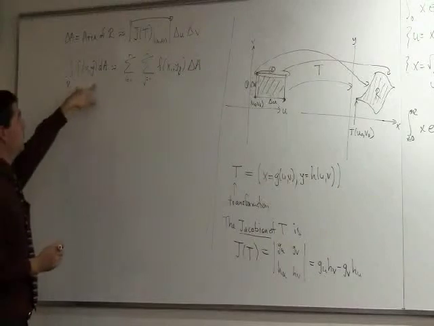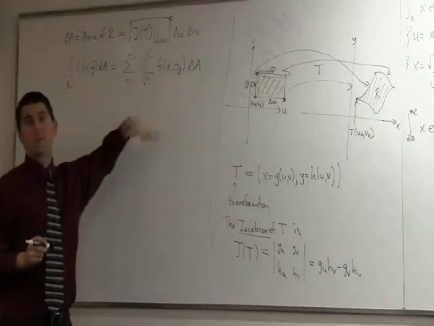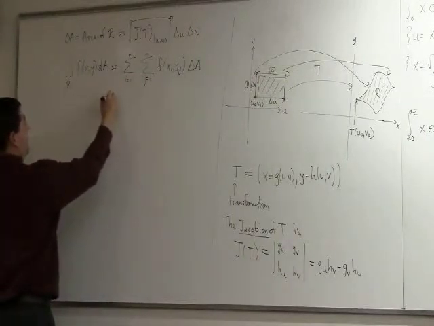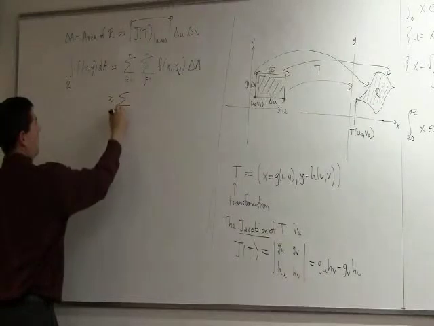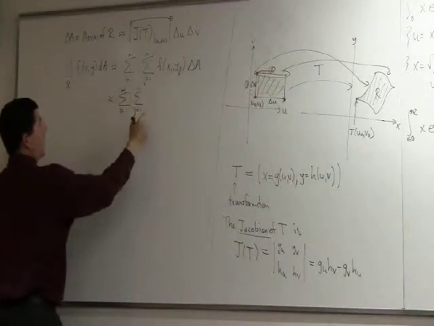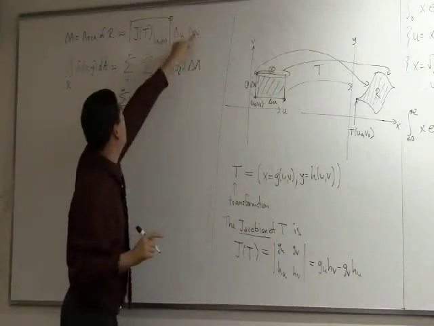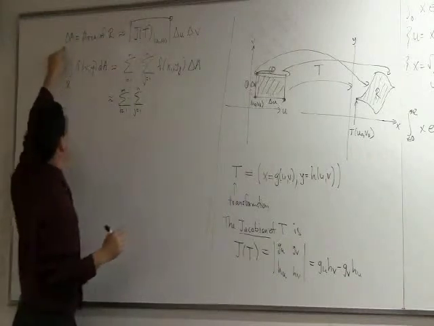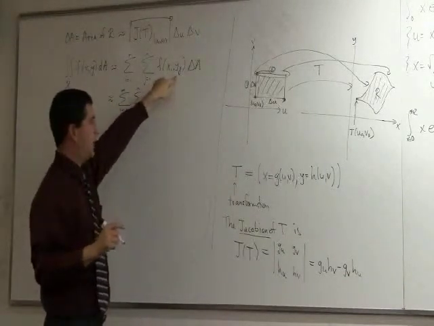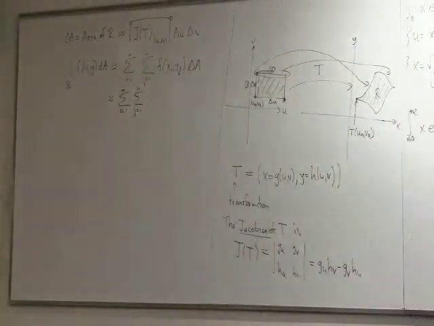Okay, so the double integral is approximately equal to this double sum. You have to take the limit to get equality. But now this is approximately equal to, again, this double sum. Delta A, I can transform into this bit, because that's what delta A is approximately equal to. And for f of xi, yj, I use this transformation T here.